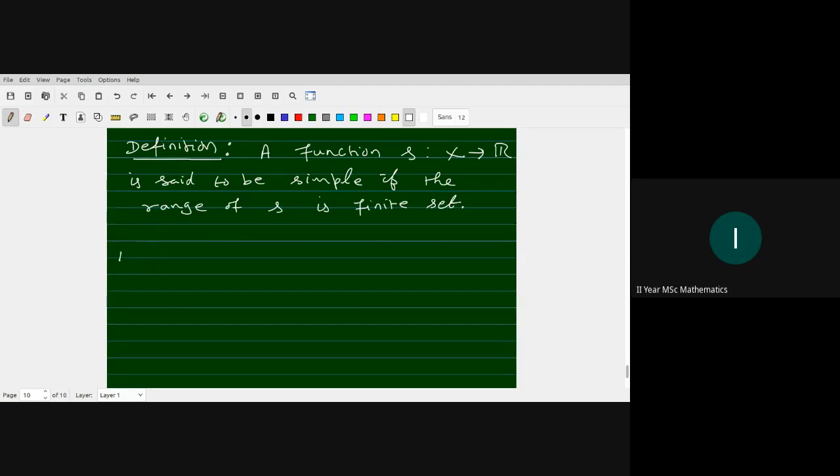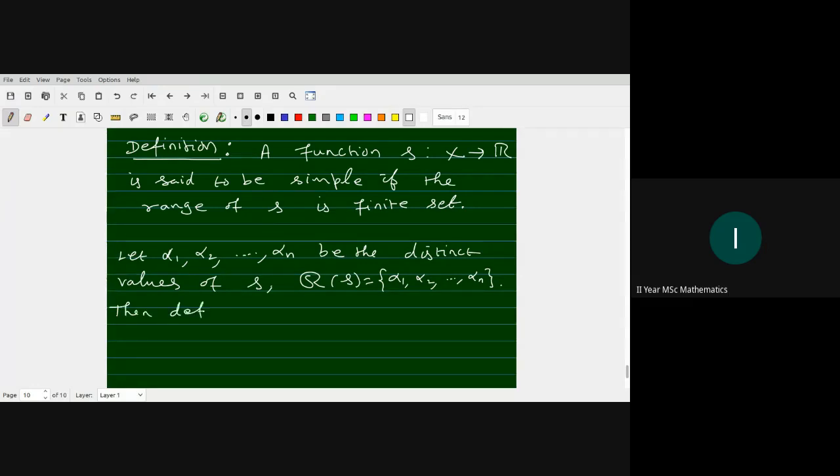So let alpha 1, alpha 2, etc., alpha n be the distinct values of s. That means the range set of s is the set alpha 1, alpha 2, and so on, alpha n. Then we define the set Ei equal to the set of all x in capital X such that s of x equals alpha i.